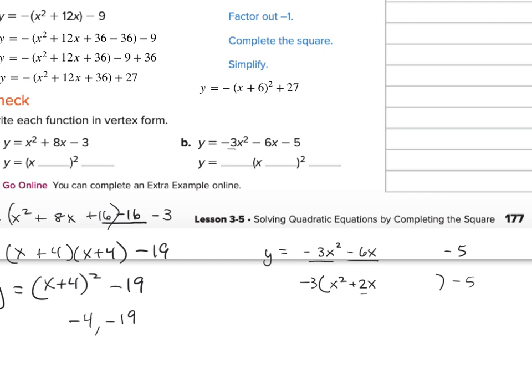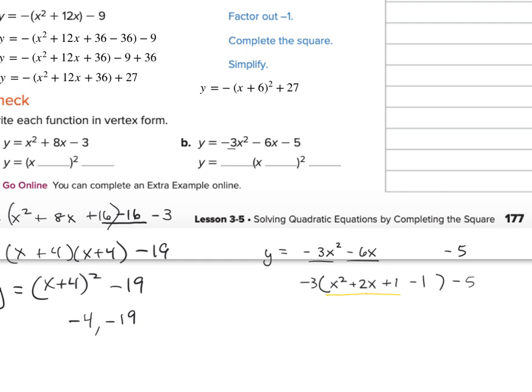So completing the square, half of that would be 1. Half of that, 1 squared, is 1. So if I add 1, I must subtract 1. So I can now complete the square with these 3, and then I just need to make sure that I bring this out of my parentheses.